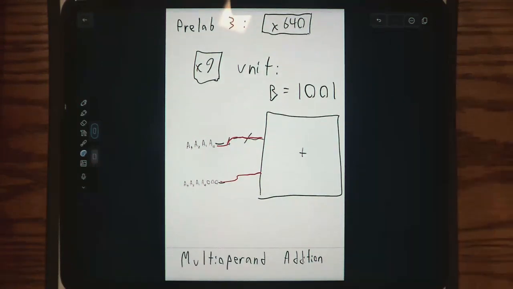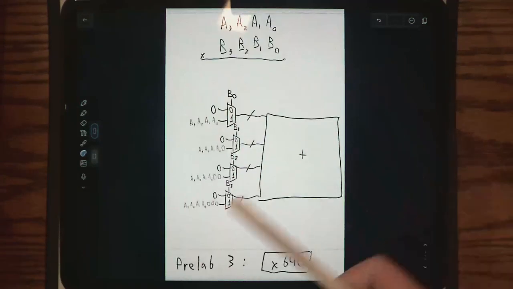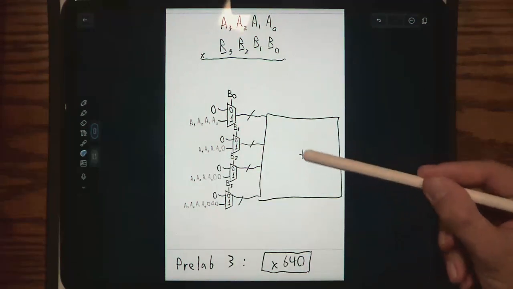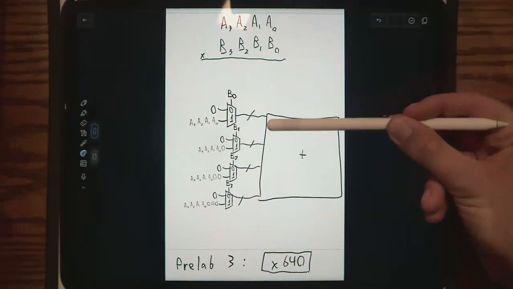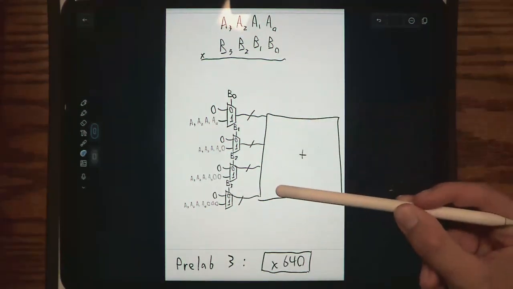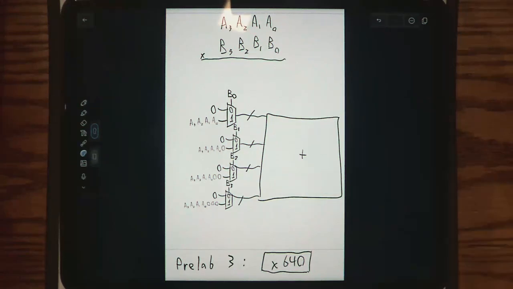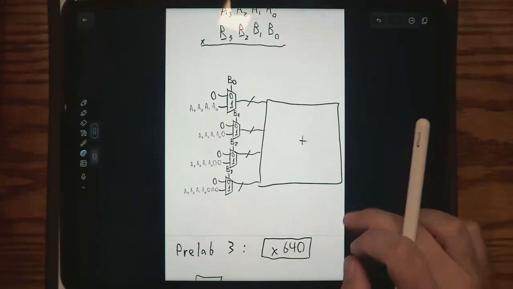So this is all great and everything, but we're still assuming that we have this multi-operand adder right here. This is not something that we have talked about yet in class, so let's talk about it.